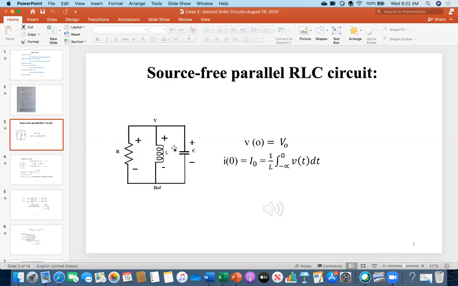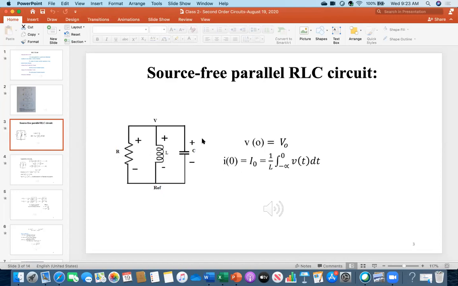Now, it depends on the initial conditions. To solve this type of circuit when there is no source, first you have to know the initial conditions. These two are the initial conditions.